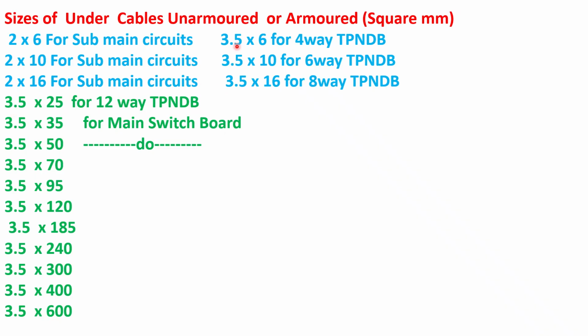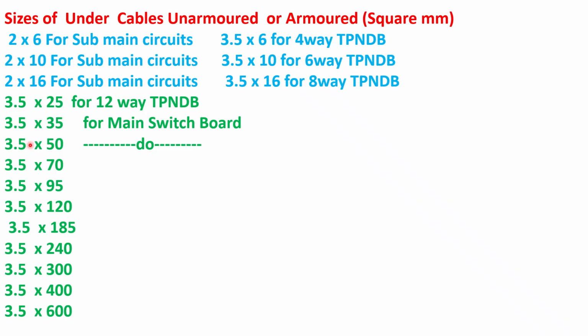for we use in three-phase circuit also. We use 3.5 into 6 wire for four-way TPNDB, 3.5 into 10 for six-way TPNDB, and 3.5 into 16 for eight-way TPNDB. And above that is 3.5 into 25 for 12-way TPNDB.